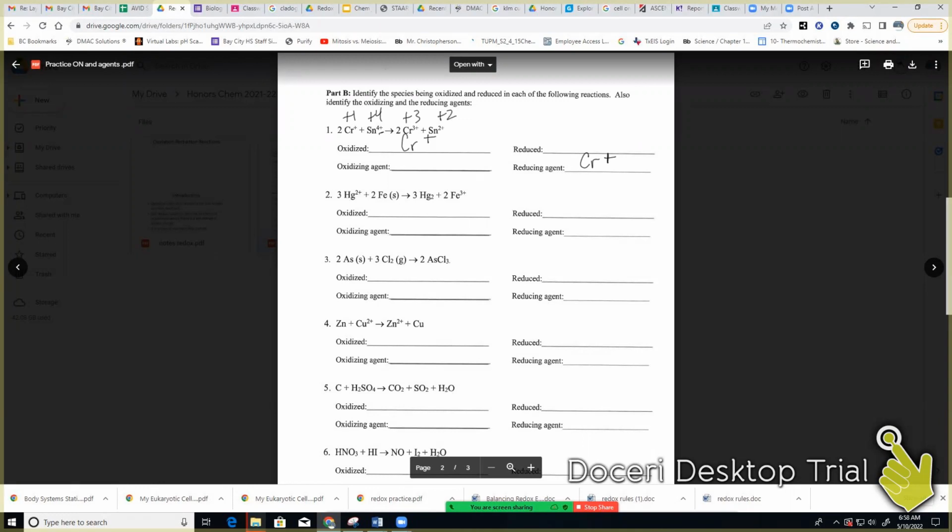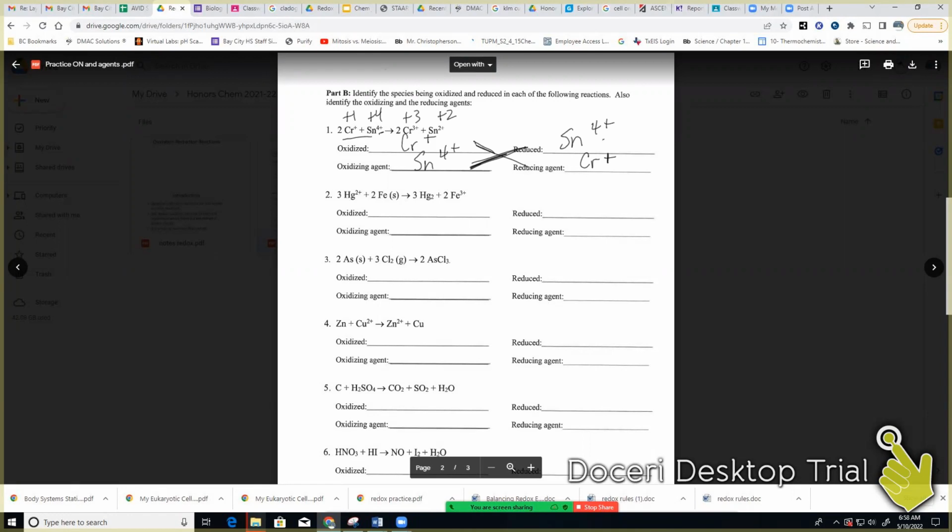So its oxidation number decreased, so it is reduced, which makes it also the oxidizing agent. Remember, they become opposite. If it's reduced, it's the other type of agent. If it's oxidized, then it's the reducing agent, okay? And you should write what is in the reactant. So if you notice, I wrote the Cr with the plus and my Sn with a 4+.